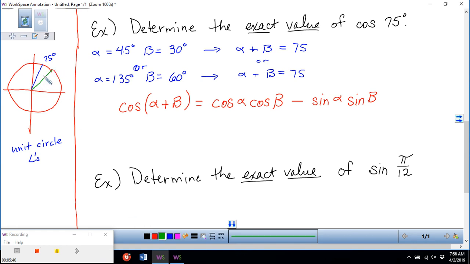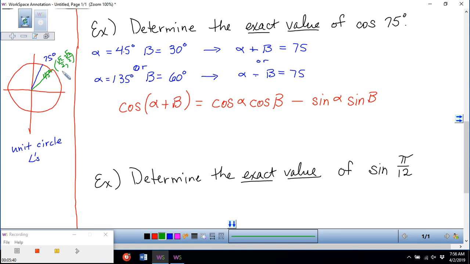At 45 degrees, my cosine value is square root of 2 over 2, and my sine value is also square root of 2 over 2.